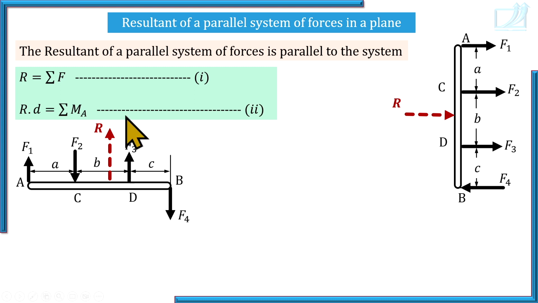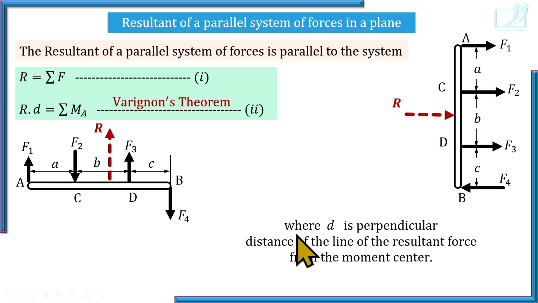And the second equation is actually Varignon's theorem. It states that the sum of moments of all forces in a system is nothing but the moment of the resultant about the same moment center. The moment of these four black colored forces about point A is equal to the moment of this resultant force about point A, where d is the perpendicular distance of the line of the resultant force from the moment center.